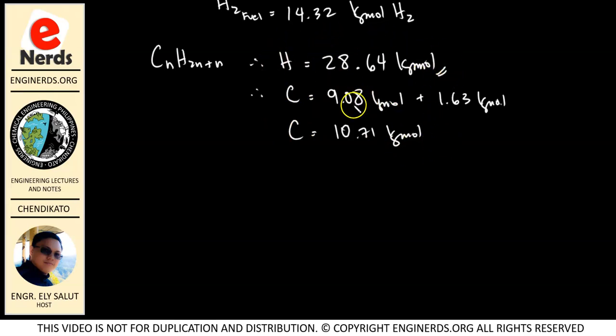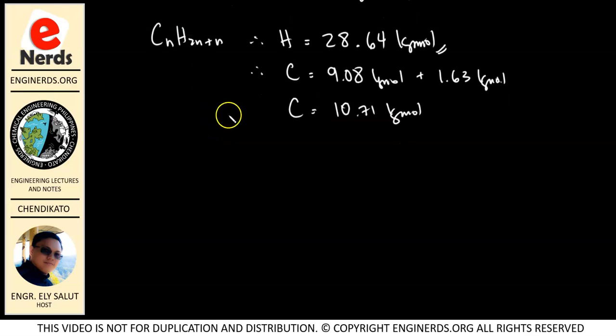Now we know how many moles we have of carbon and of hydrogen. Since we know the formula CnH2n plus 2, we can take the ratio. Carbon over hydrogen: our carbon is 10.71 and our hydrogen is 28.64 kilogram mole.